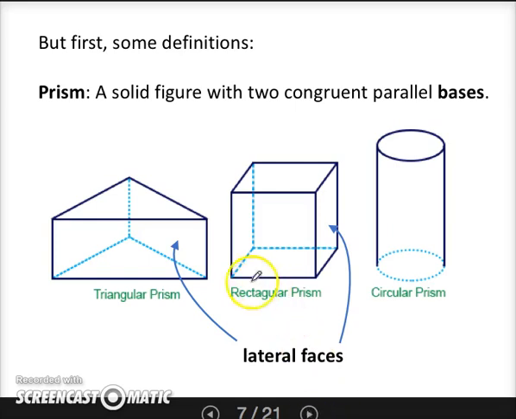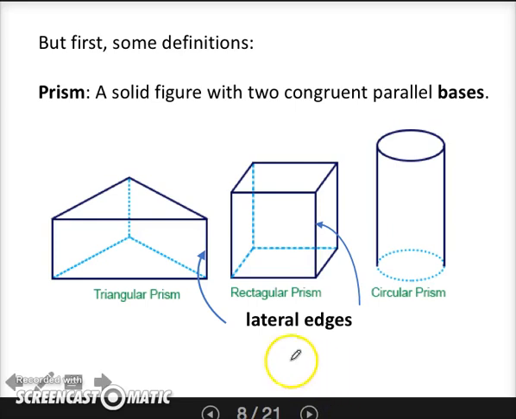Okay, some more definitions. We have lateral faces. The lateral faces are the faces of the prism that are not bases. So basically all the rest of the faces, they're not the two bases. The lateral edges are the edges of a prism that are not base edges.